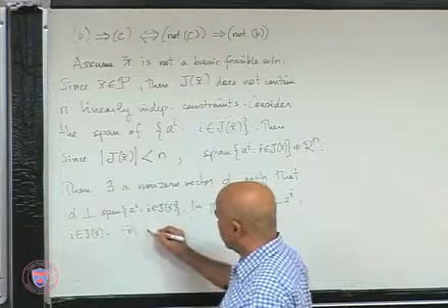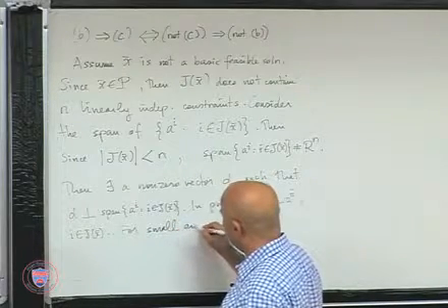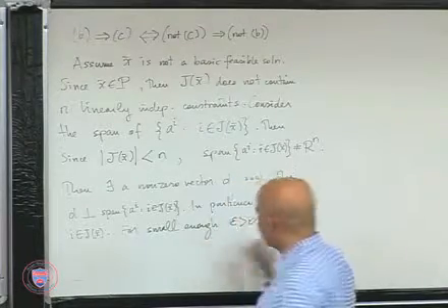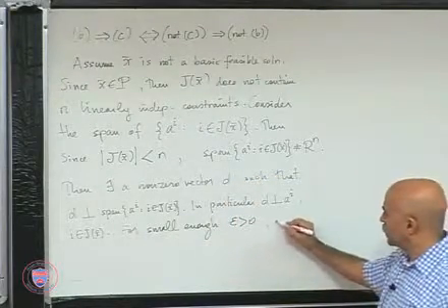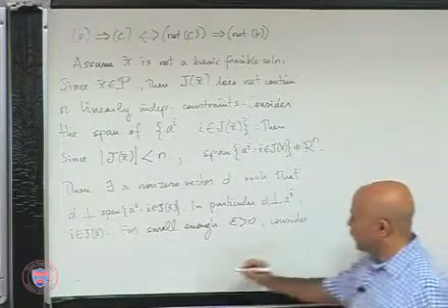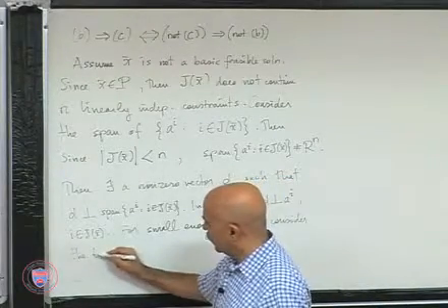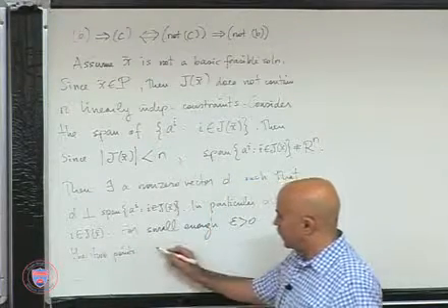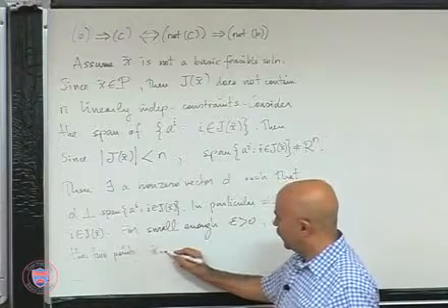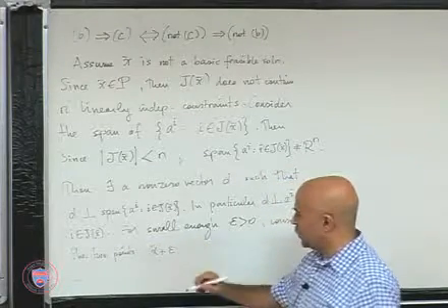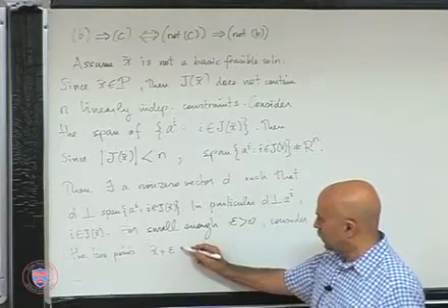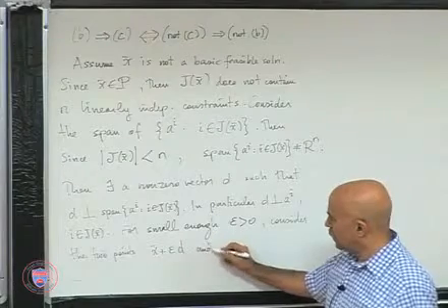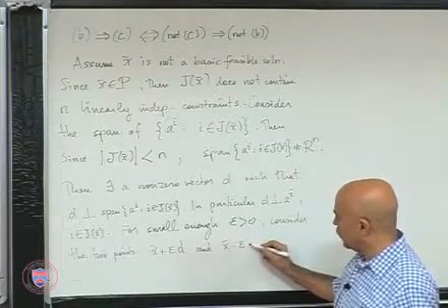For small enough epsilon, which is a positive number, consider the two points defined by x bar plus epsilon times this direction vector d, and x bar minus epsilon d.